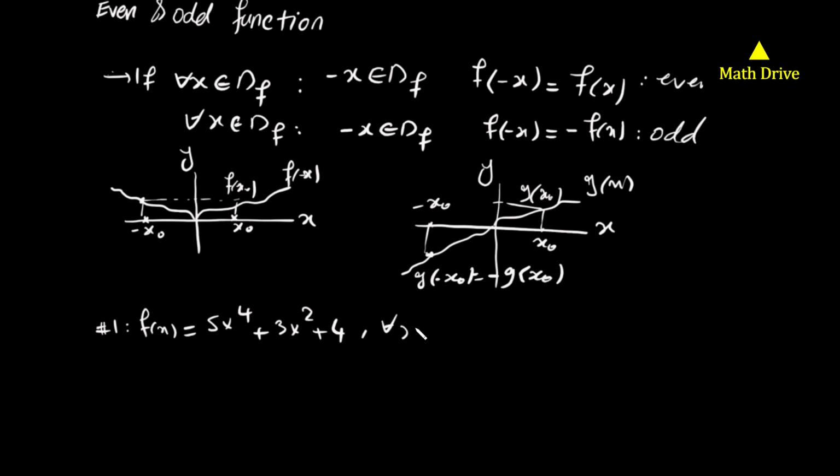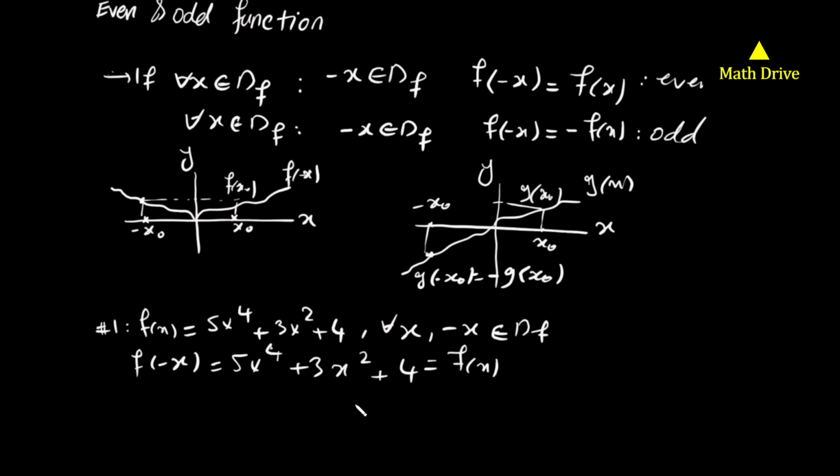And f of minus x, clearly we can see, is going to be 5 times (minus x)^4, which is x^4, plus 3 times (minus x)^2, which is x^2, plus 4. We can clearly see f of minus x is equal to f of x, so f is an even function.